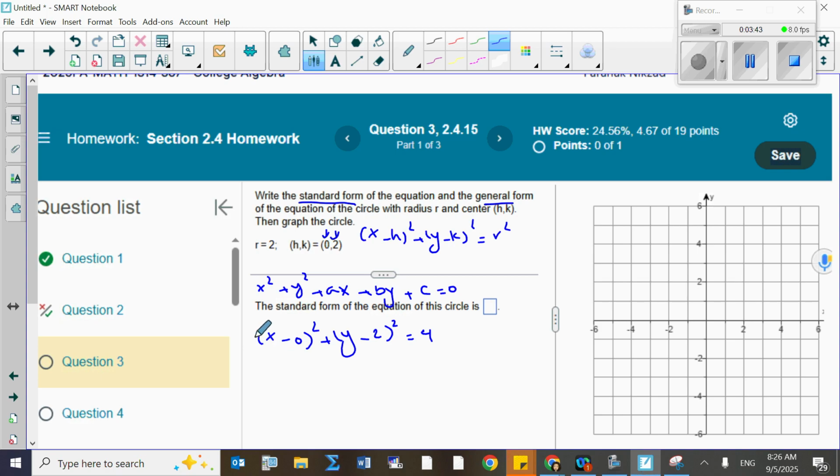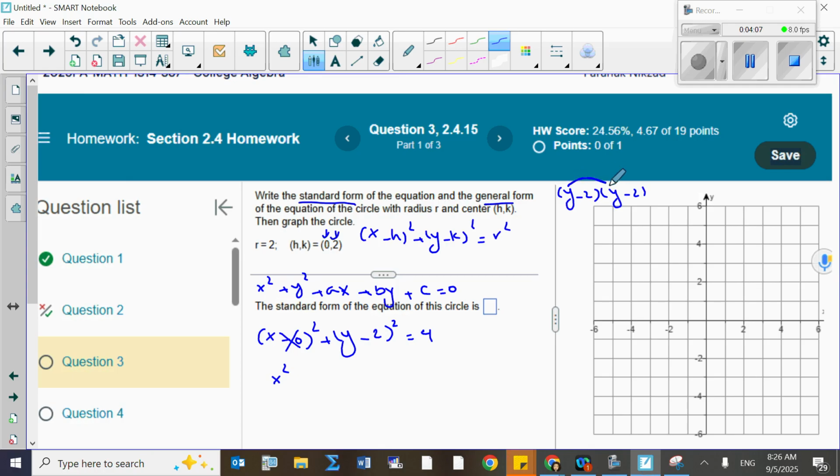So in order to write the general form, I need to expand each of these two parentheses. So x minus 0 squared is basically just x squared because 0 doesn't count. So that's x squared. Y minus 2 squared, I'm going to write that here. Y minus 2 times y minus 2.